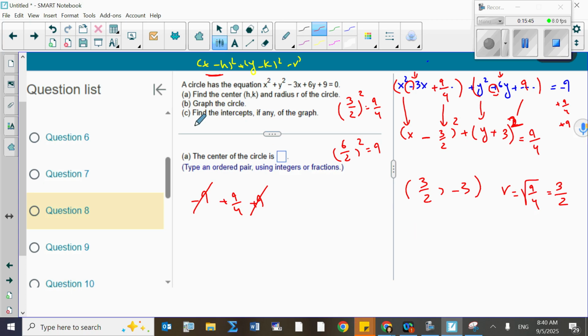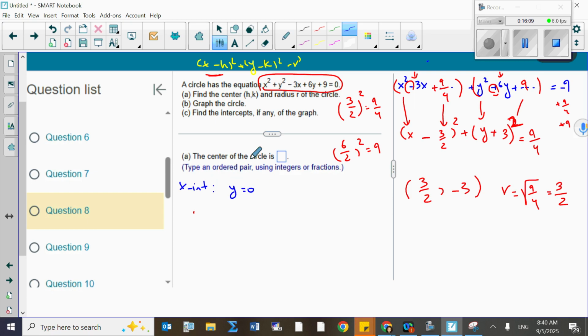Now, it's asking us to find the intercepts. So let's look at the equation again. I can directly use this one, or even this one, it doesn't matter. Both of them work if you want to use the equations to find the x and y intercept. So in order to find the x-intercept, I will set y equal to 0.